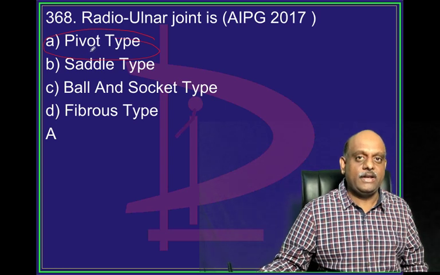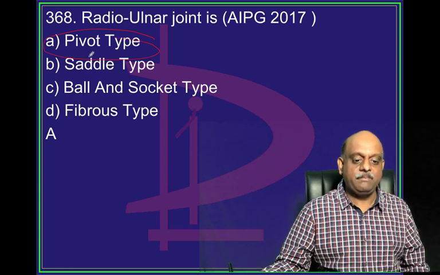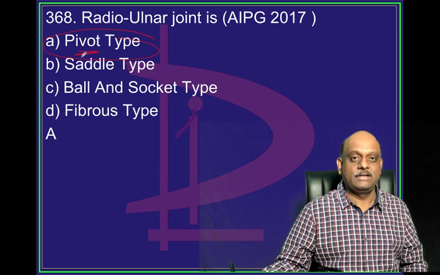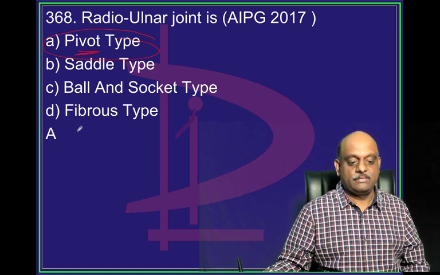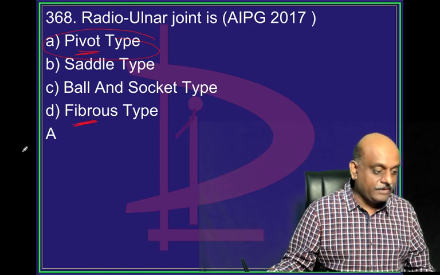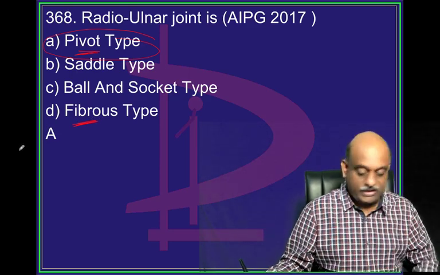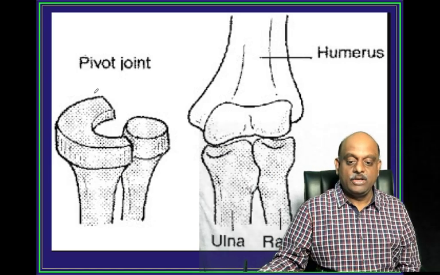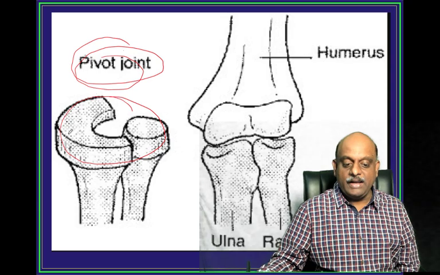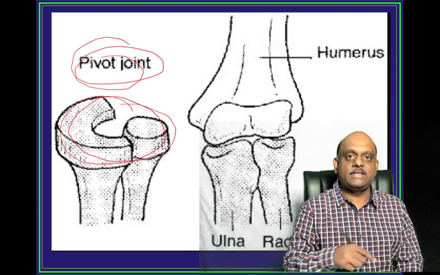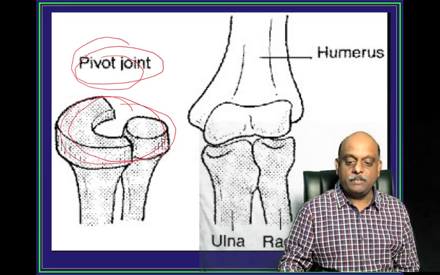No doctor, radio-ulnar, between saddle and pivot, pivot type of joint. Pivot, Indrajit Kumar rightly says. So, it is a pivot joint. The radius and ulna along the vertical axis have the movement of supination and pronation.